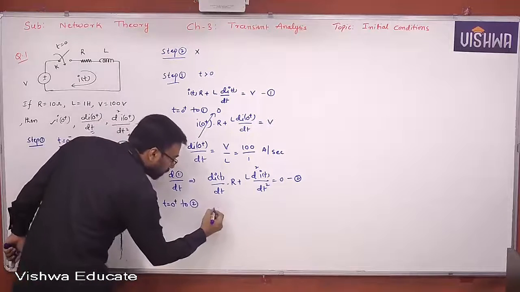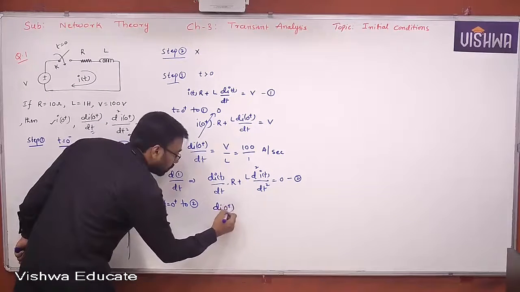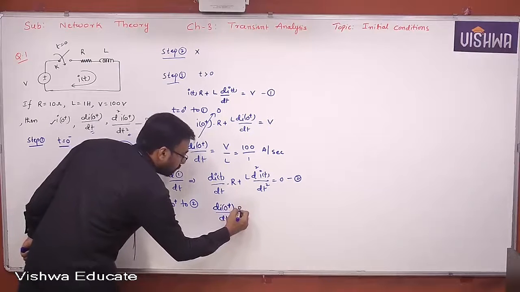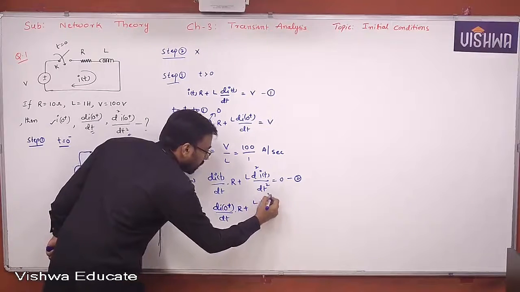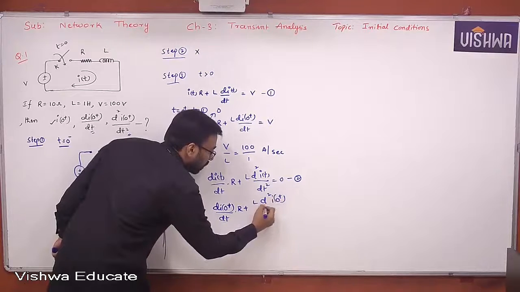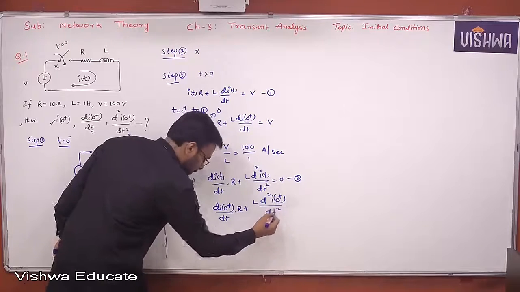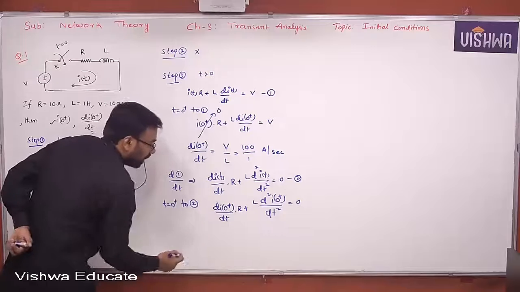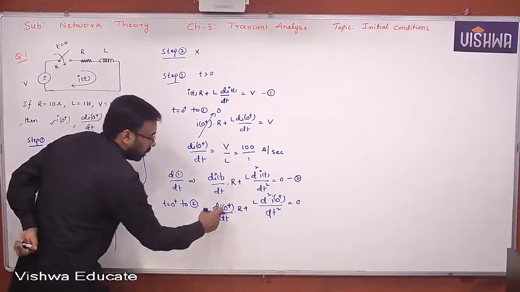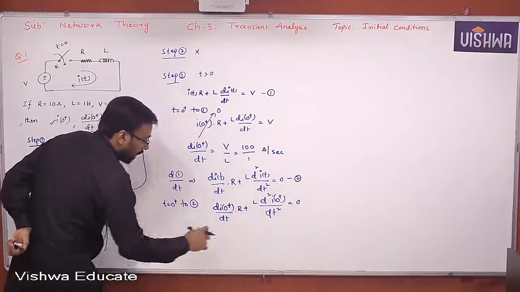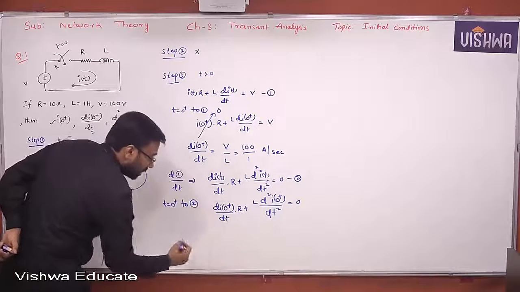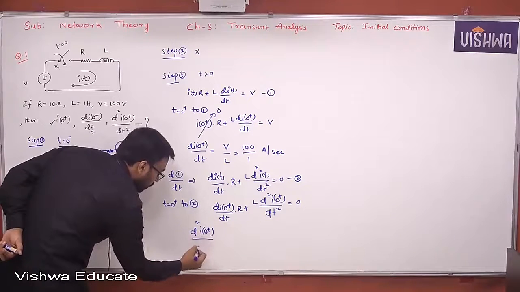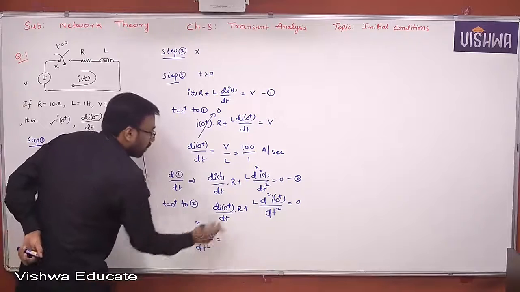R into dI of 0 plus by dt, plus L d square I of 0 plus by dt square, is equal to 0. Now if you substitute here, it's already 100, so d square I of 0 plus by dt square is equal to minus R by L, yes or no?